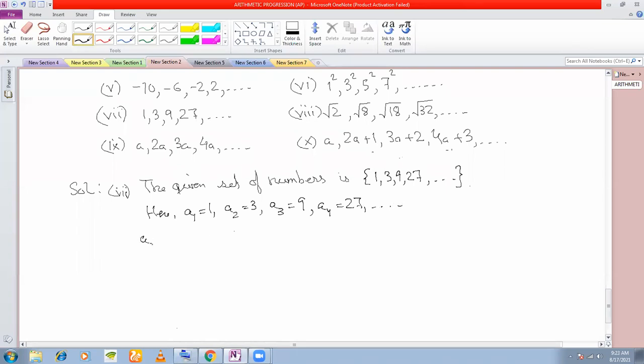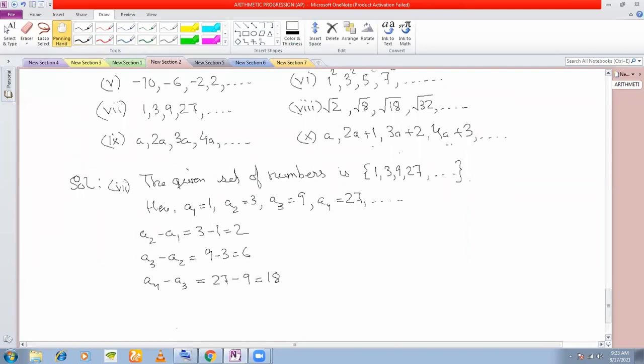Take the differences. A2 minus A1 is 3 minus 1, which is equal to 2. A3 minus A2, 9 minus 3, equal to 6. A4 minus A3, 27 minus 9, which is equal to 18.